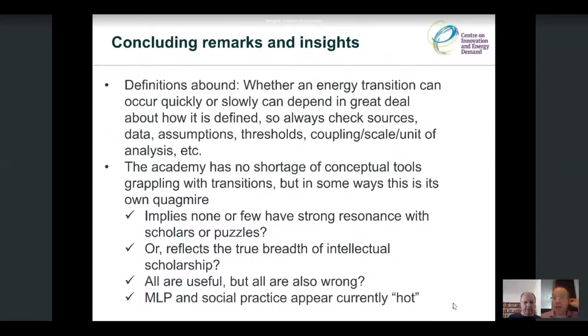And if you like the frequency analysis we did, it does imply the multi-level perspective and social practice theory are the most popular transitions approaches. And I can see now as researchers that may tell you to use them because everyone knows what they are and there's a strong reviewer pool and there's less confusion. Or I can see you thinking, I'm not going to use them because I don't want to use what everyone else is using. I want to use something fresh and new. So I'm going to avoid using social practice theory and the MLP. So I can see both sides of that debate.